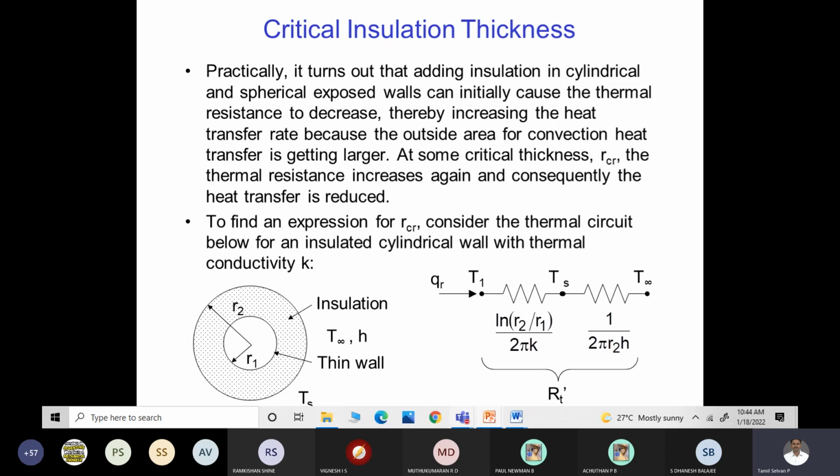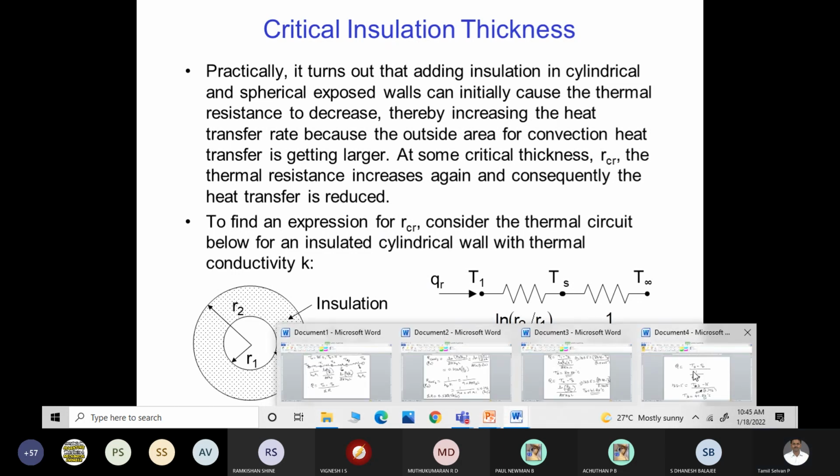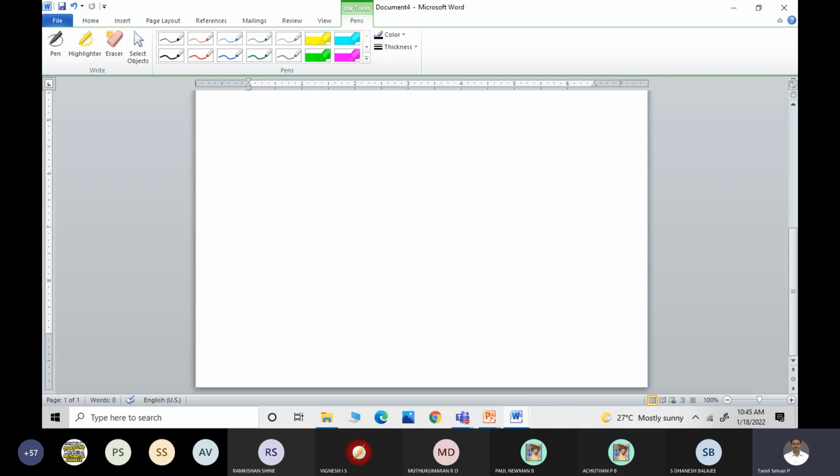That is the concept. Let me draw one diagram. This is the heat transferred, this is the radius. If you keep on increasing the radius, the heat transfer increases, or in other words, the thermal resistance reduces.